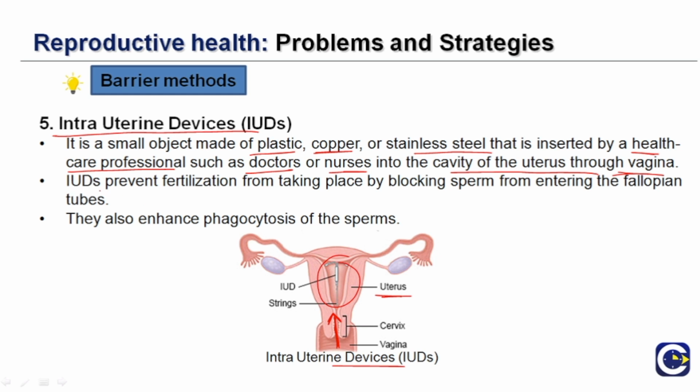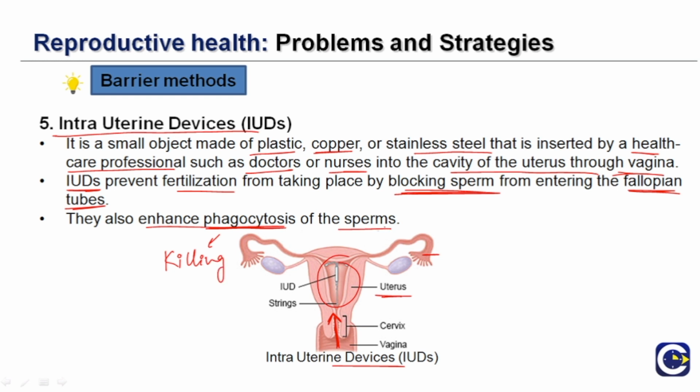Intrauterine devices, or IUDs, prevent fertilization from taking place by blocking the sperms from entering the fallopian tubes. And they also enhance the phagocytosis, that is again the killing, of the sperms.